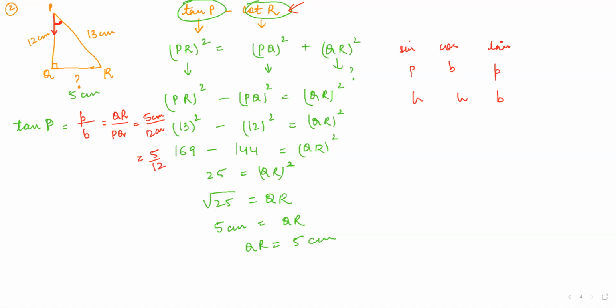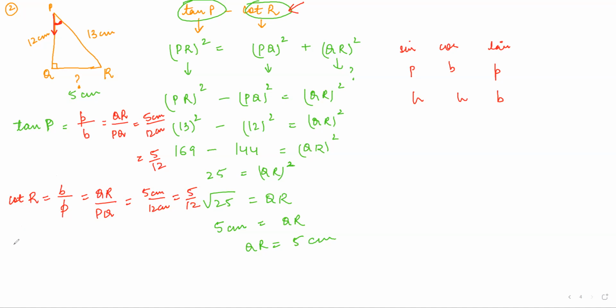Yes, Arshia. What is cot R? Tell me. What is the formula for cot R here? It's B by P, base by perpendicular, right. Now which side is base? QR. Good, because I'm taking angle R. Perpendicular is the other one, PQ. So that is 5 centimeter divided by 12 centimeter. So it is again 5 by 12. Correct, Martin?